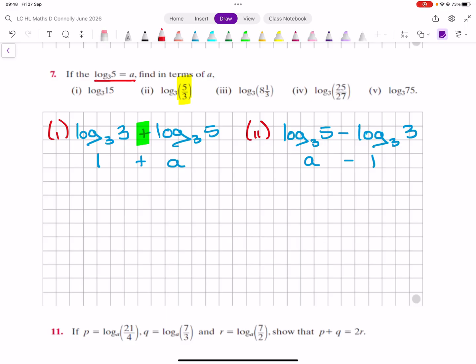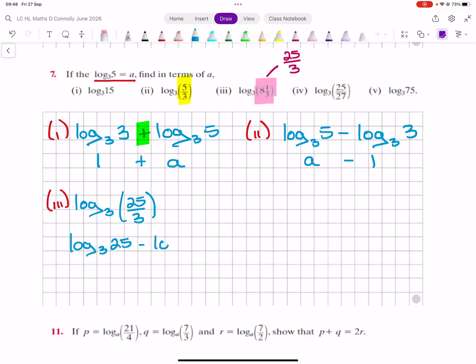Okay, the third one, a mixed fraction. So you do 3 eights are 24 and 1 is 25 over 3. So that is log to the base 3 of 25 over 3, which is log to the base 3 of 25 minus log to the base 3 of 3.